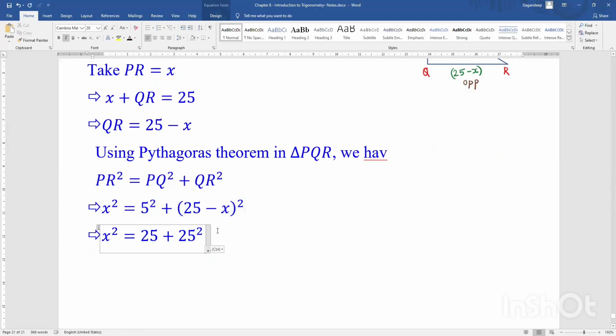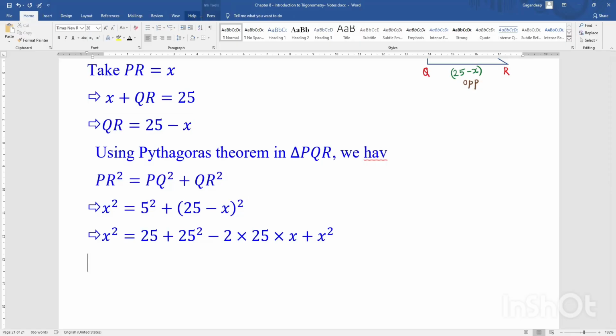So a square means 25 square minus 2 into AB, that is 25 into B means X we are going to take, minus, that is plus B square plus X square. Then we can cancel this X square and X square as such.